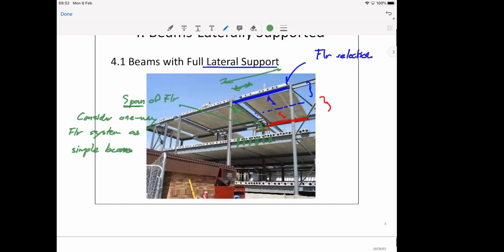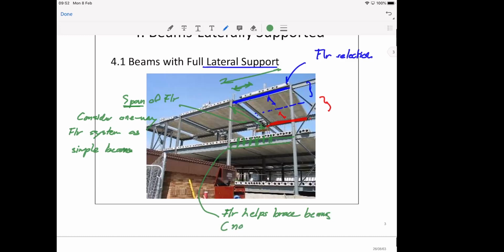So that's why the beam, the blue one, the red one, and this green one here will not move. So we can say that because of the floor system, your beam is fully laterally braced, or the floor helps brace the beams.